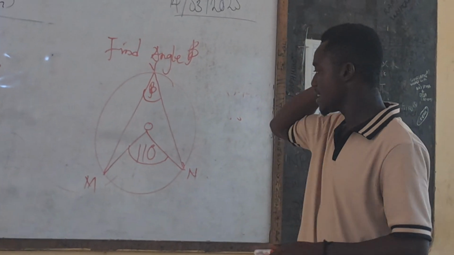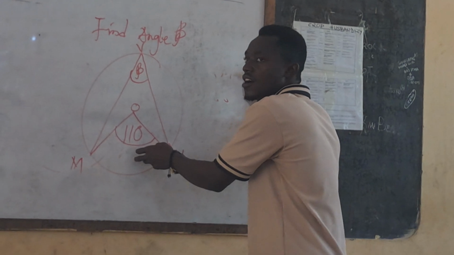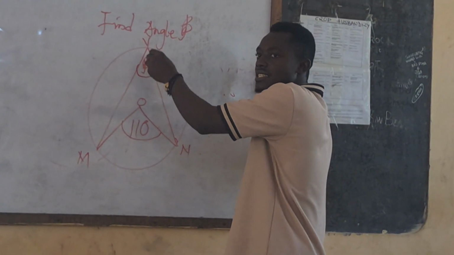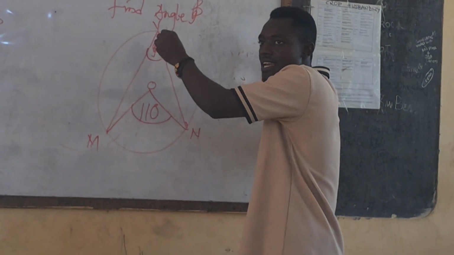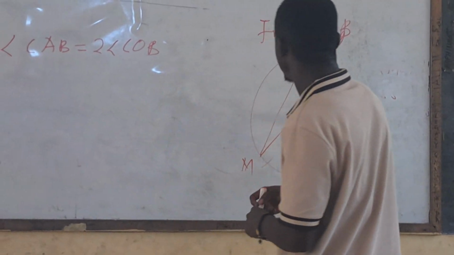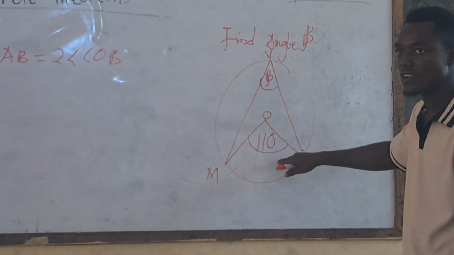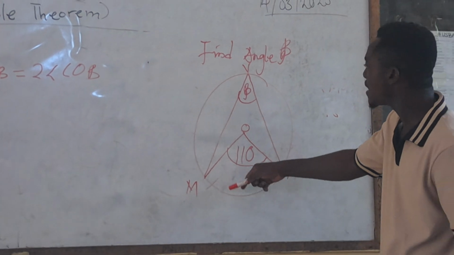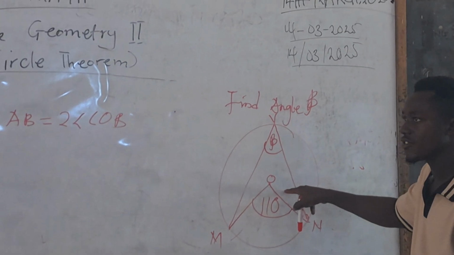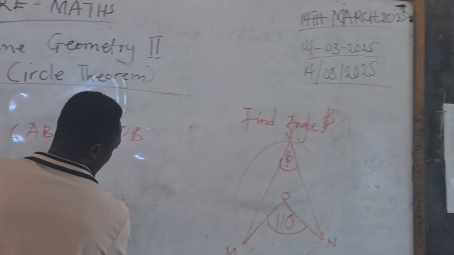And what the rule is saying is that the angle formed at the center of the circle is twice the angle obtained at the circumference of that same circle. So how are we going to solve this?